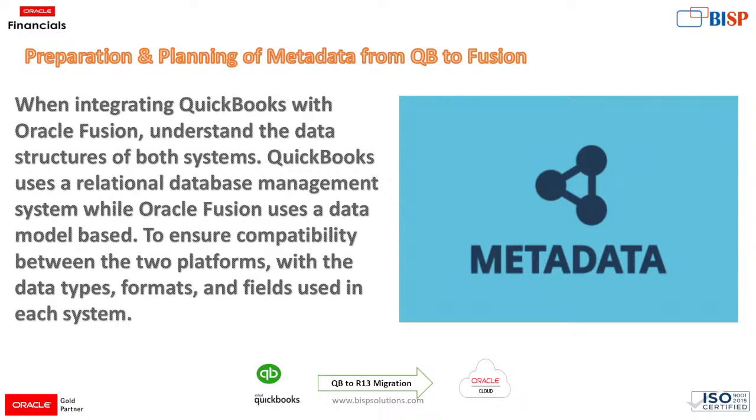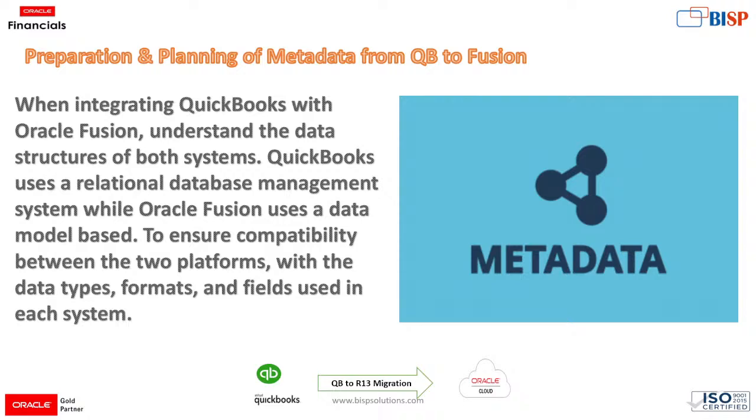To ensure seamless compatibility between QuickBooks and Oracle Fusion, it is essential to familiarize yourself with the data structure of both systems. This can be achieved by understanding the various data types, formats and fields used in each system and how they relate to each other. For instance, QuickBooks uses account numbers to identify different accounts, whereas Oracle Fusion uses a combination of account numbers and segment values.